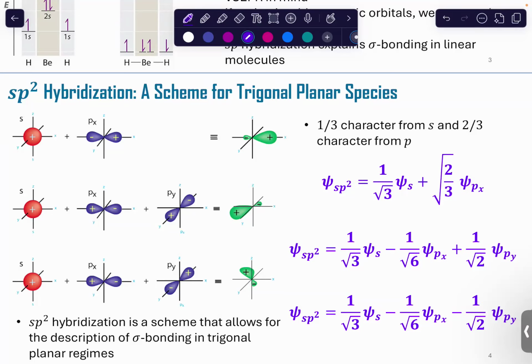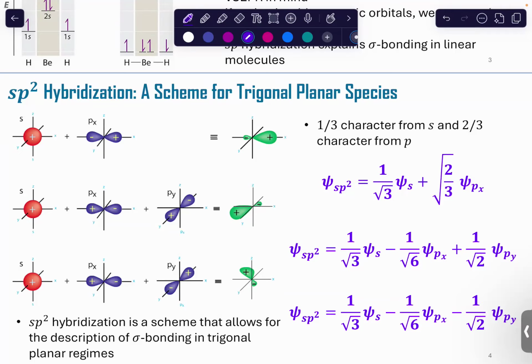So when you take the coefficients, they should all get you to one third of the character comes from the s orbital and 2/3 of the character comes from the p orbitals. The way these are set up is like, you see how the sp2 along the x-axis has 2/3 for the px. Okay, well, fine. That gets you to 1/3 for the s and 2/3 for the p.